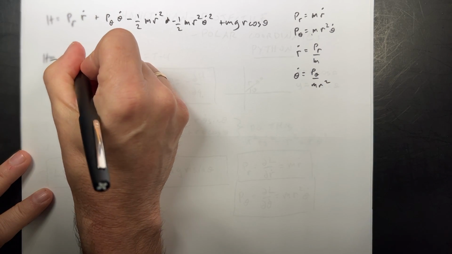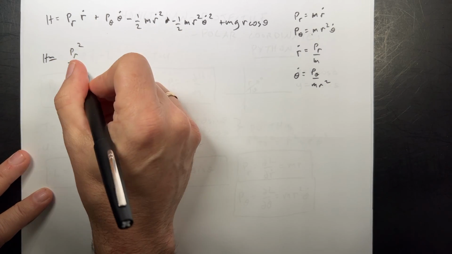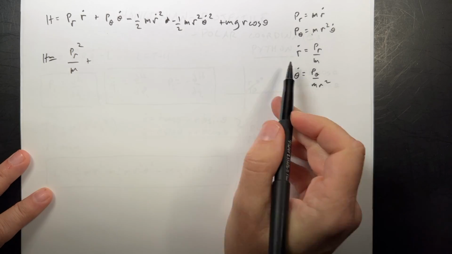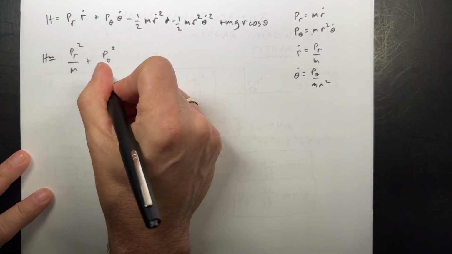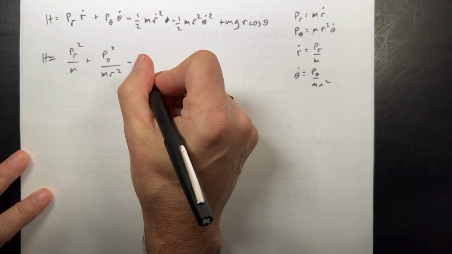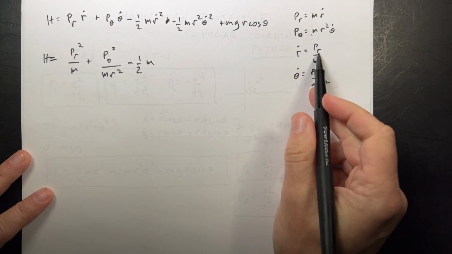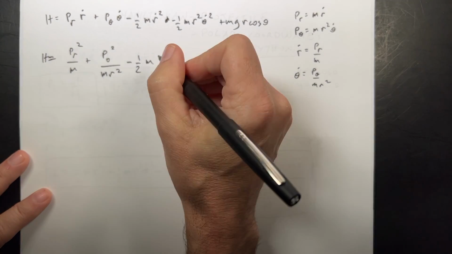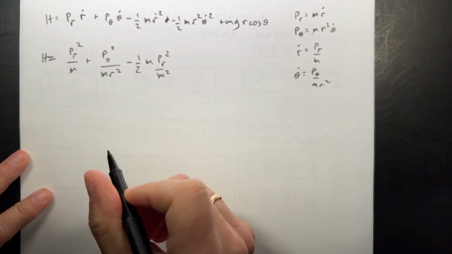So I get p r squared over m. This is going to be plus p theta squared over m r squared, minus 1/2 m r dot squared, which is p r squared over m squared, and that's going to cancel.